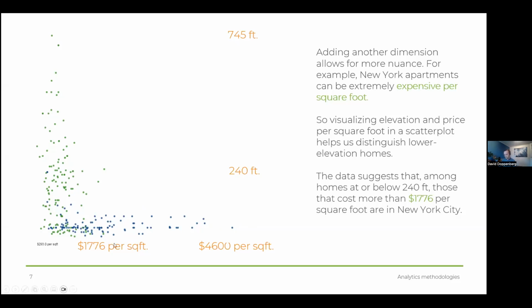And now for the price per square feet, we can see somewhere around 1,776, right, is New York City. So we could do first a split on elevation, based on our 240 feet. The next split would be based on price per square feet, where everything above 1,776 is classified as New York.